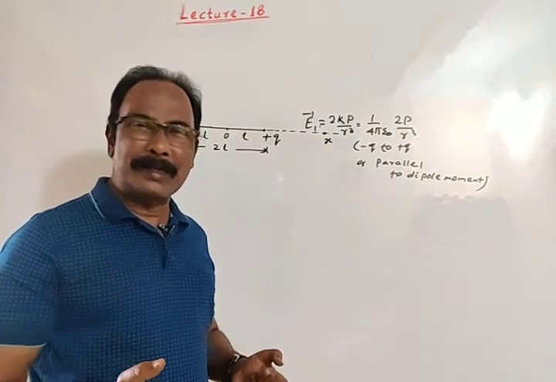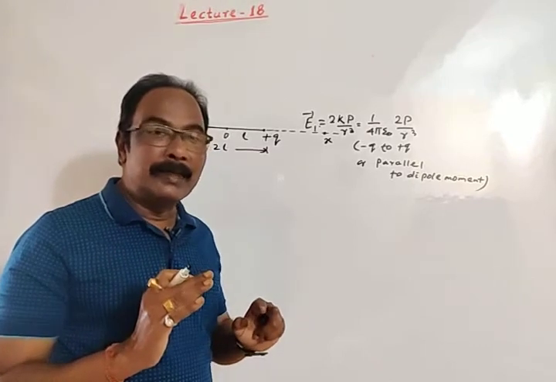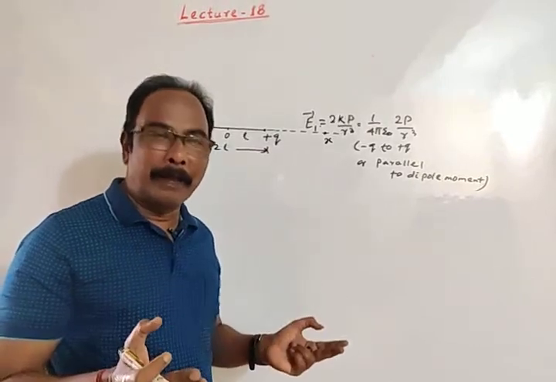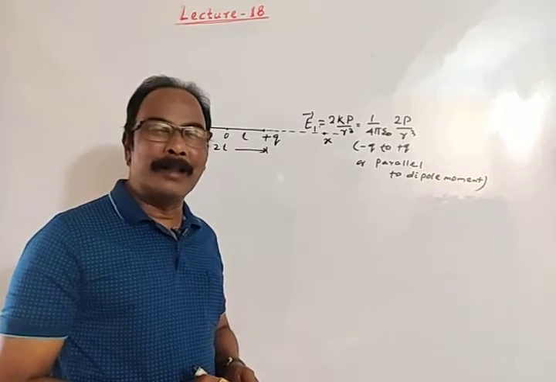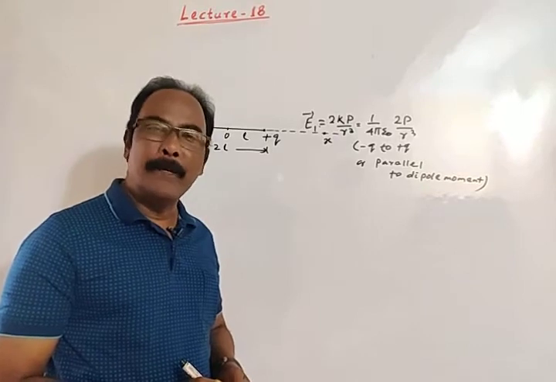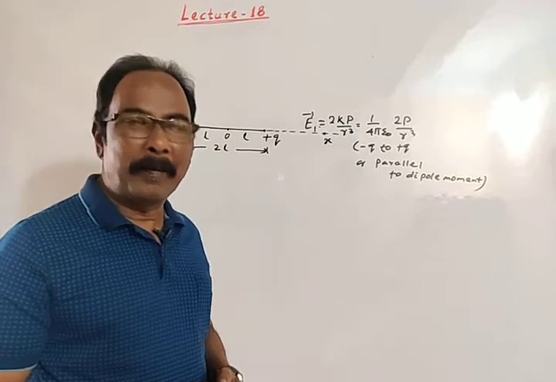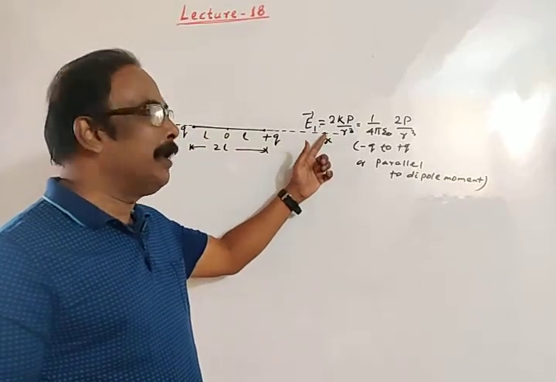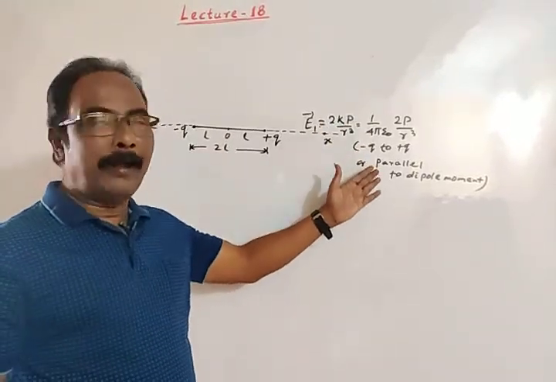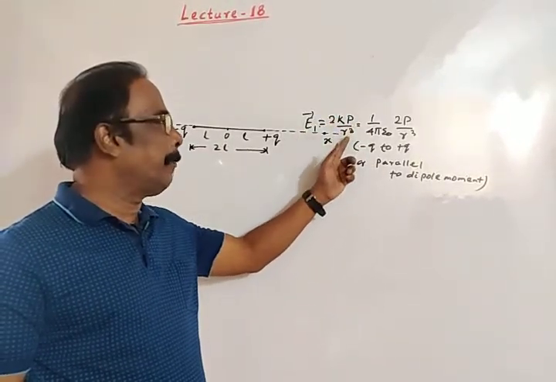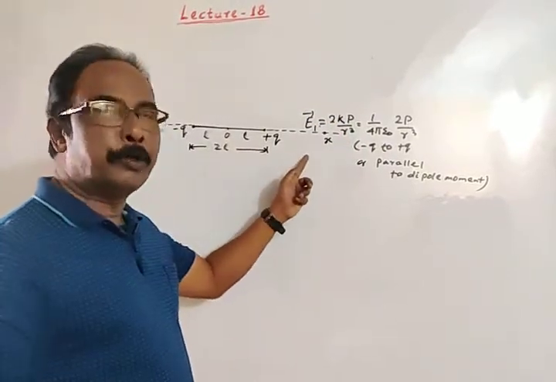We have discussed when an electric dipole is considered an ideal electric dipole. Again, I would like to advise the students who have not gone through the previous lectures to please go through all the lectures, and the fundamental concepts will be clarified overall. The electric field intensity at any point on the axial line due to an ideal electric dipole is 2kp by r cube, and its direction is from minus q to plus q.